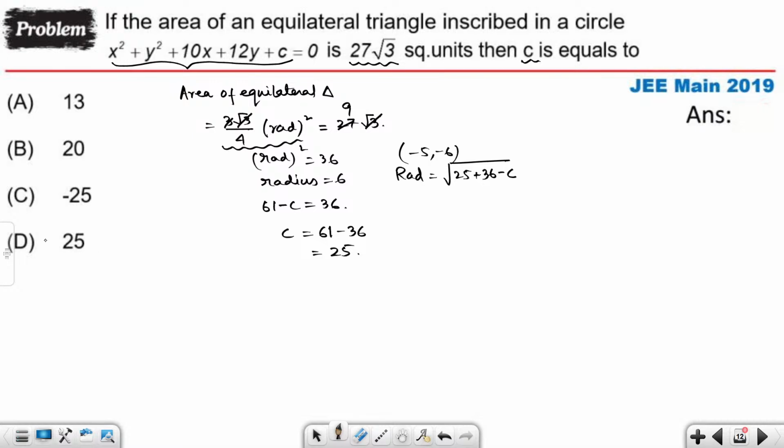So your value of C is 25, hence option D is correct. Okay? Understood? So what we have learned? We have learned that the area of the triangle inscribed in a circle is 3 root 3 by 4 into radius square. Okay? Remember in this way. Very good.